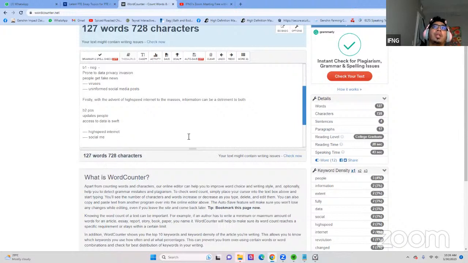We can use that as positive later. Information can be a detriment to both a single person or a large community as a whole.